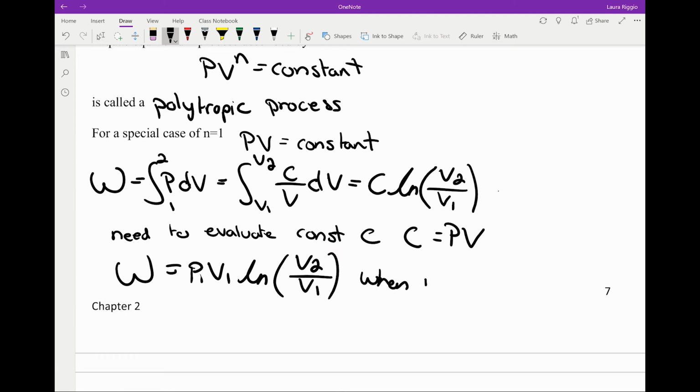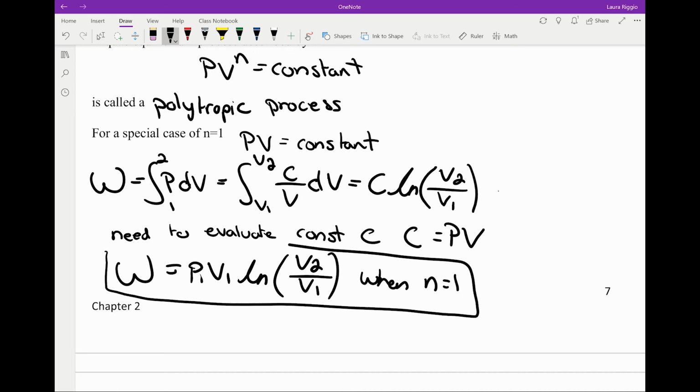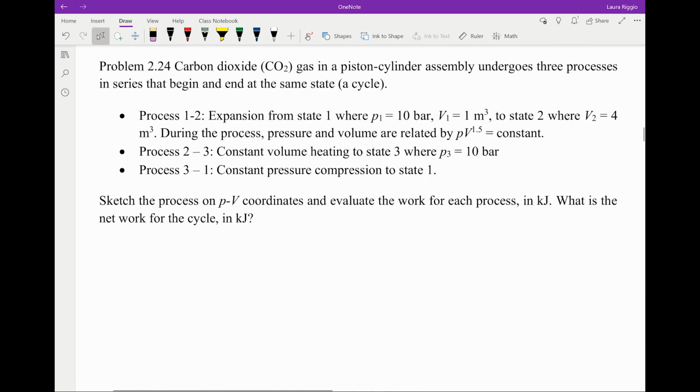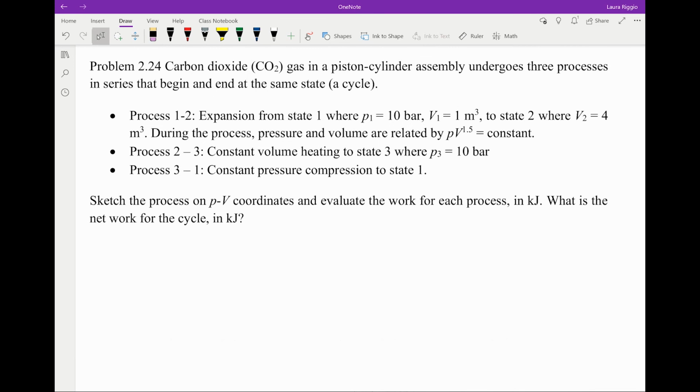And again, this is only valid when n is equal to 1. If n is not equal to 1, we're going to get a different expression, and we're going to actually determine what that expression is by working on a problem.